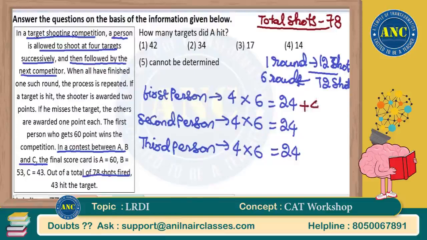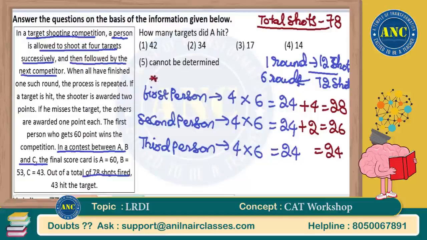First person will get a chance to shoot at target 4 more times. Second person 2 more times. 72 plus 4, 76. 76 plus 2 is 78. First person 28. Second person 26. Third person 24. I hope this is clear, right, sir?